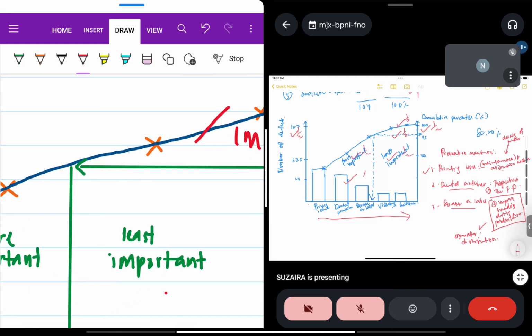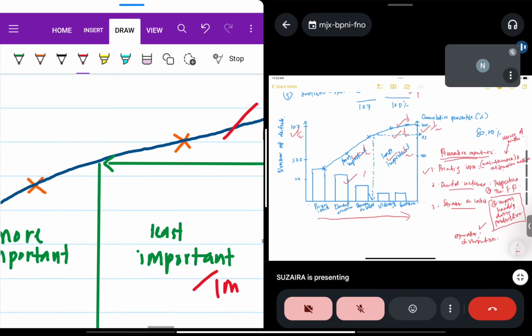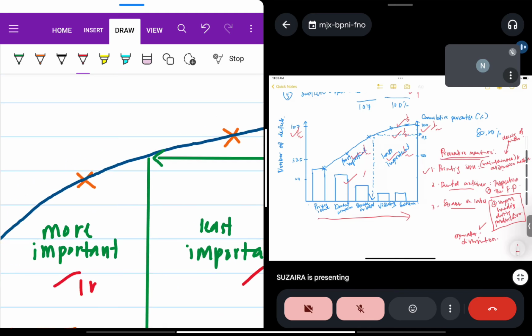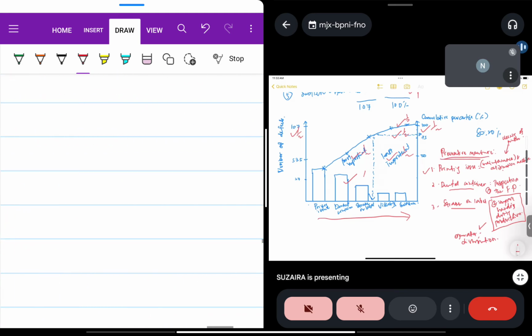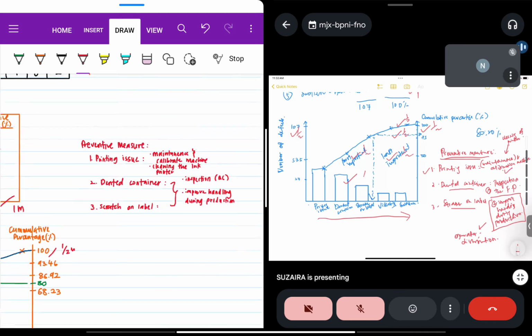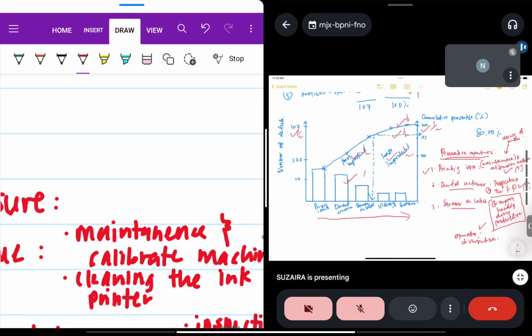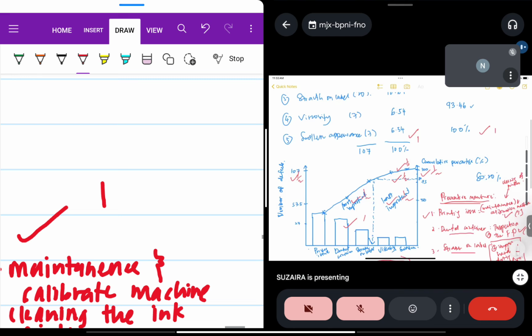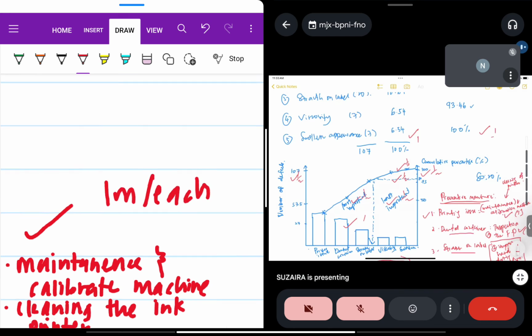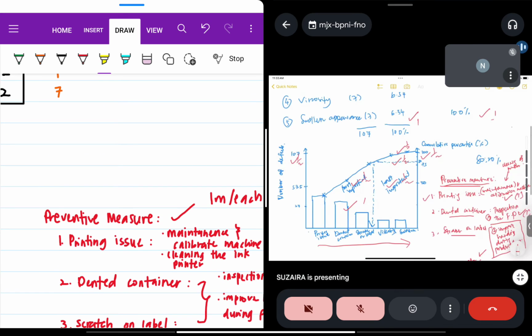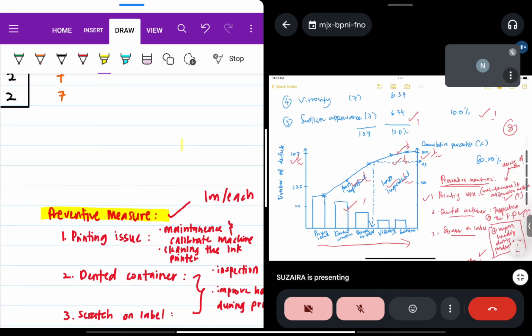For the preventive measures, if it requires 2, come out with 2 preventive measures, 1 mark each. So you have 1, 2, 3, 4, 5, 6, 7 and 8. The total for the Pareto diagram would be 8 marks.